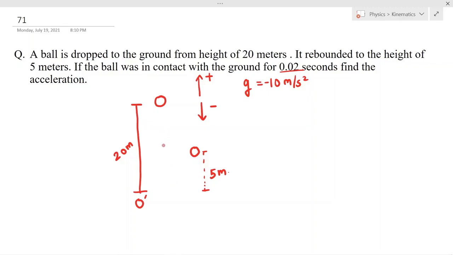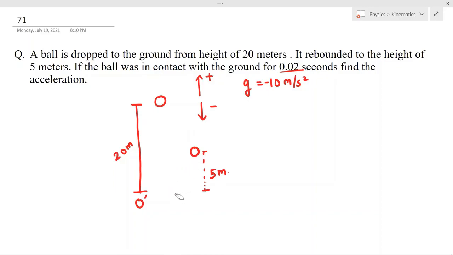The two velocities to be considered in that time interval are the downward velocity when it just reaches the ground and the upward velocity when it is rebounding. From these two velocities we have to calculate the acceleration.